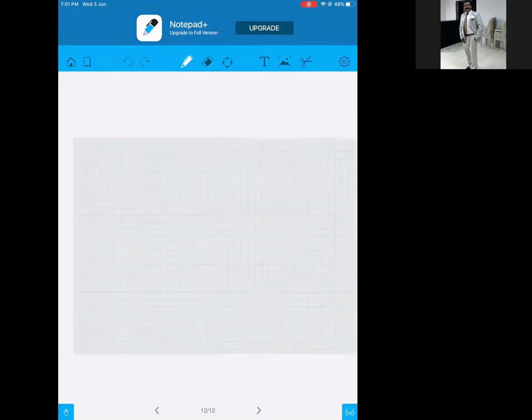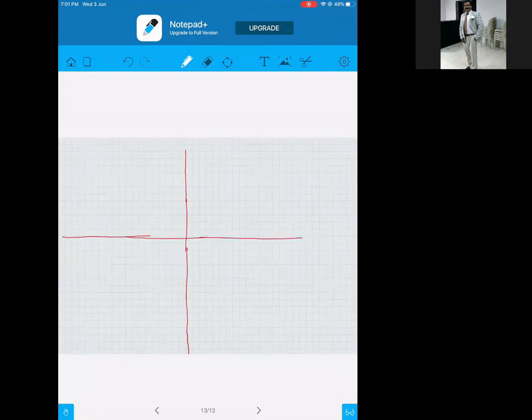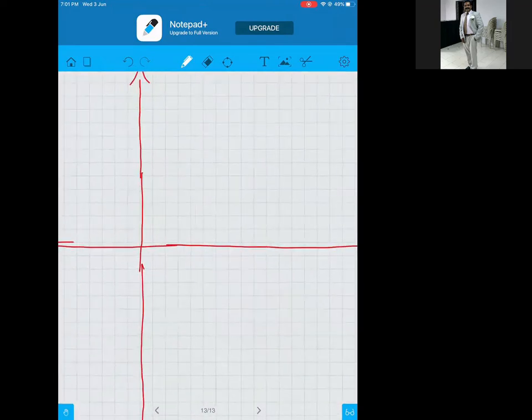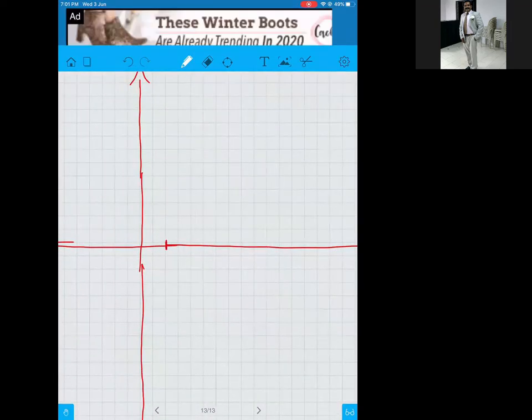So you try to draw the graph for this given set of values. So I'm drawing the x-axis and y-axis. You can take your divisions. For me, it's convenient to take two grids as one. So on the x coordinate, two grids, one.